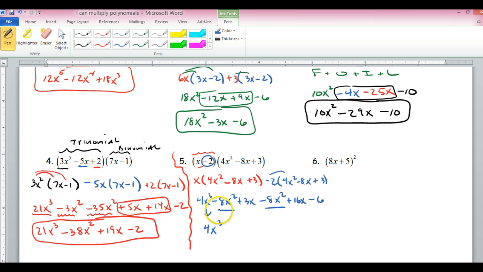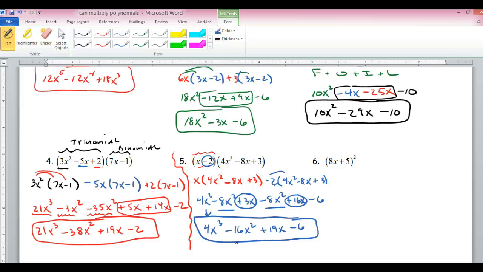And you have negative 8x squared minus 8x squared gives you minus 16x squared. 3x plus 16x gives you 19x. And we bring down the minus 6. So after your distributions are done and you combine like terms, you end up with 4x to the third minus 16x squared plus 19x minus 6.